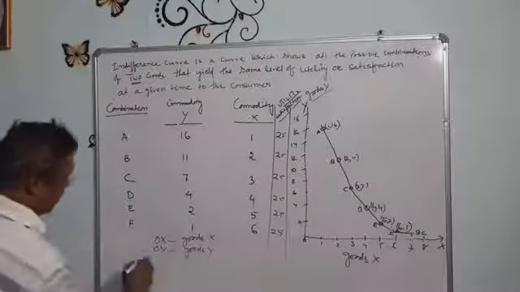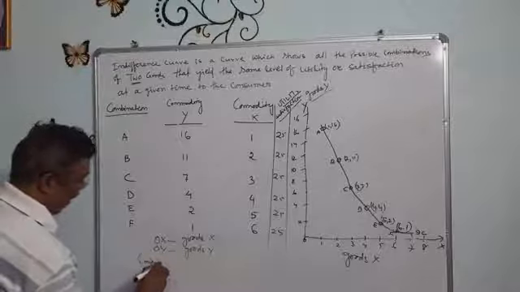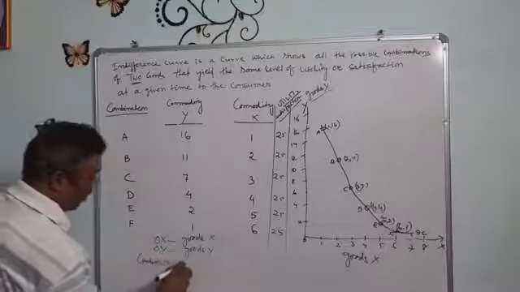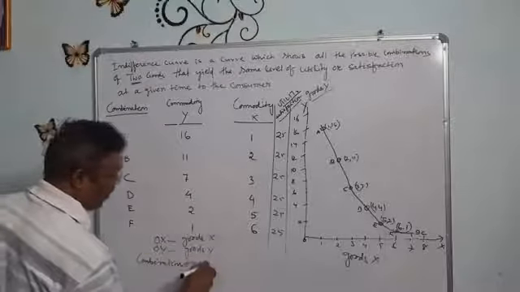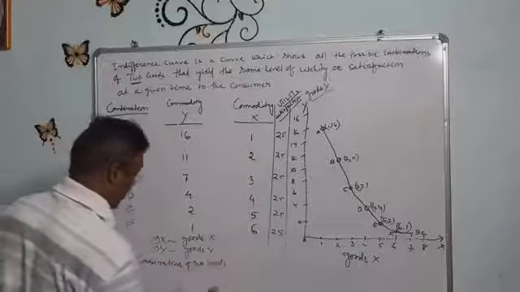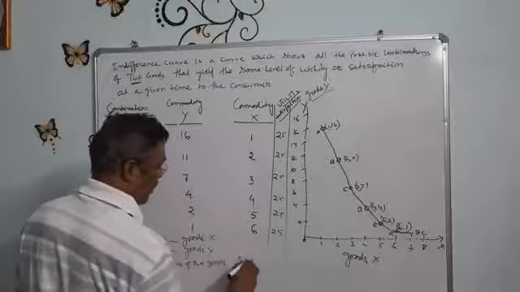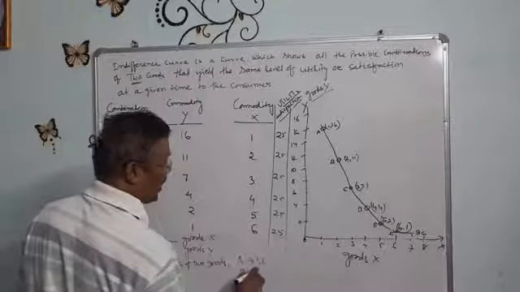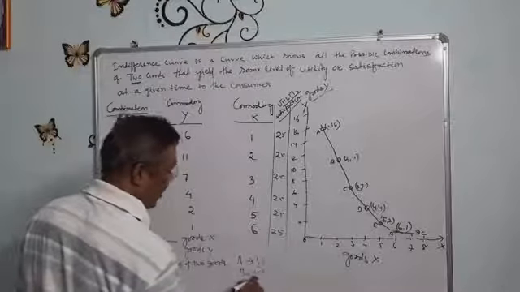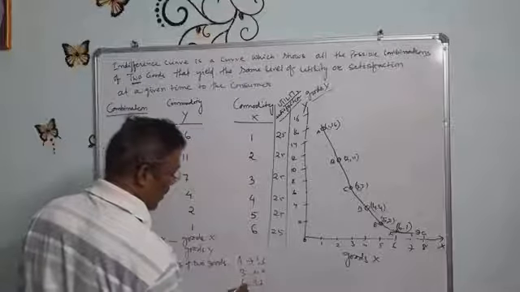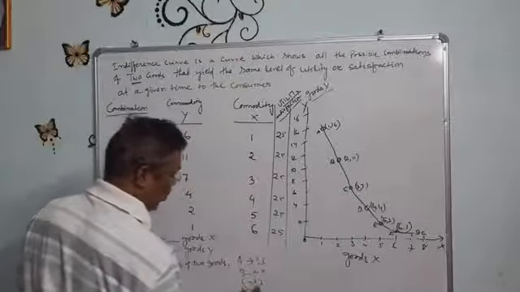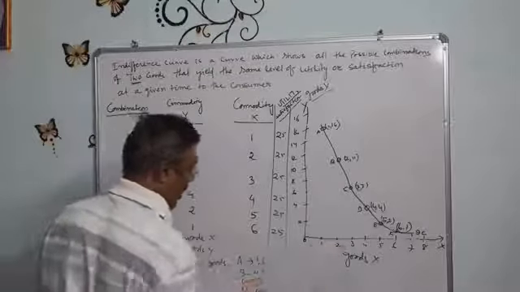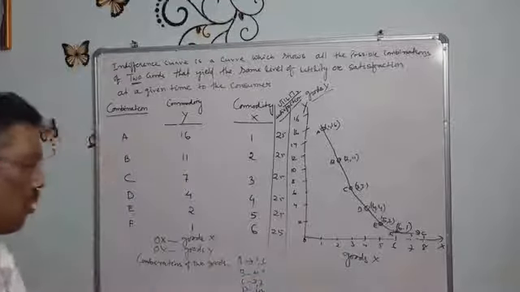Possible combinations of two goods. Point A is 16, B point is 2-11, C point is 3-7, D point is 4-4, E point is 5-2, F point is 6-1.